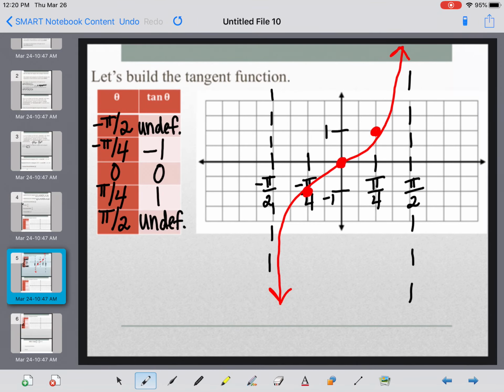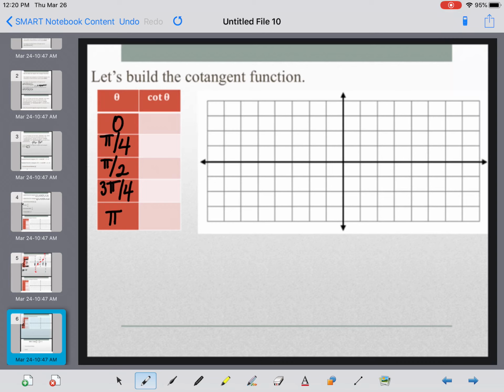Now you'll notice in both of them, we did one full period, because the period for a parent function is pi. From negative pi over 2 to positive pi over 2, that's a distance of 1 pi. And from 0 to pi, again, a distance of 1 pi. So we're getting in one full period here so that we're seeing the entire shape of the graph.